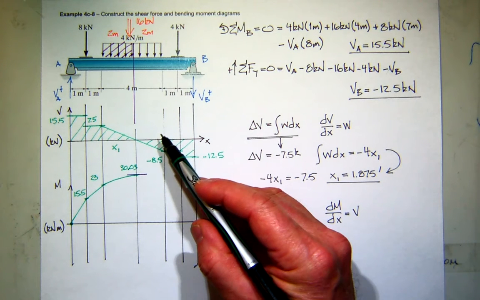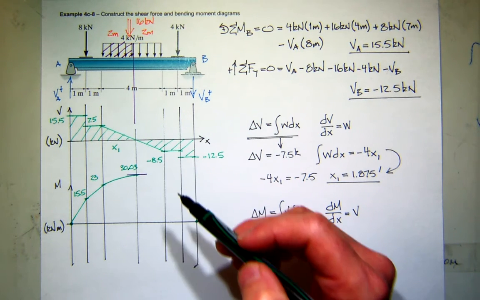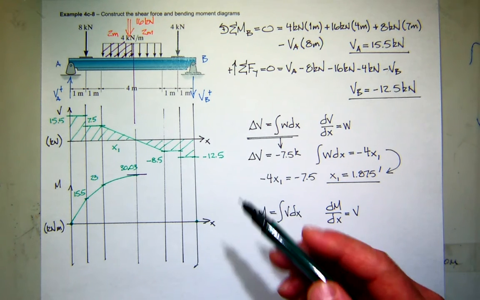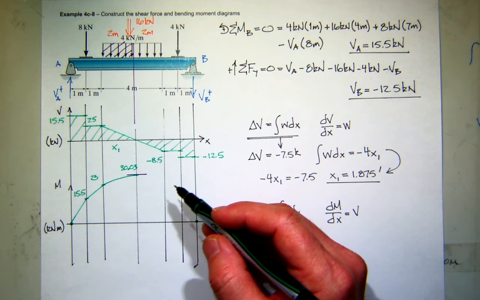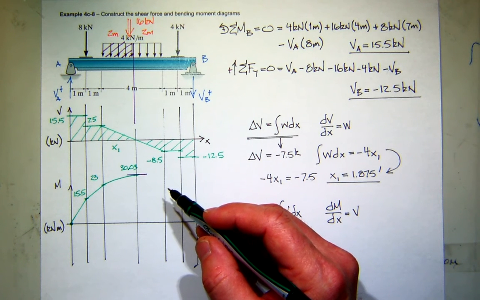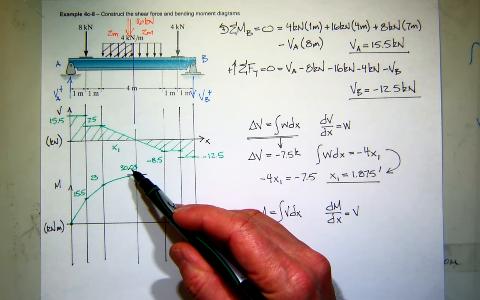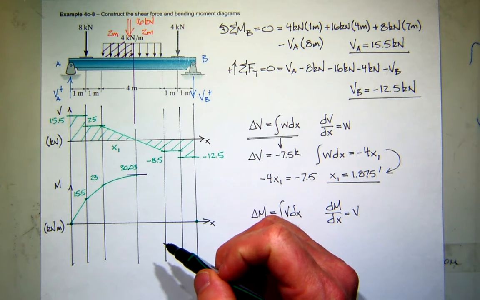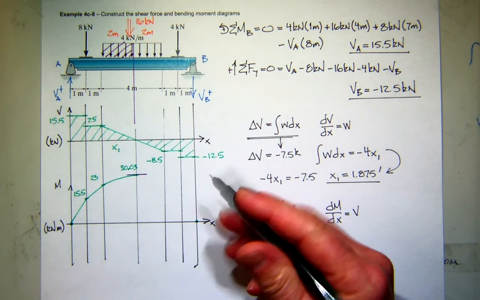So 2.125 divided by 2 times negative 8.5 is? It should be somewhere a little more than 8. 9 something? Okay, you need to subtract that from 30.03. What do you get? 21?